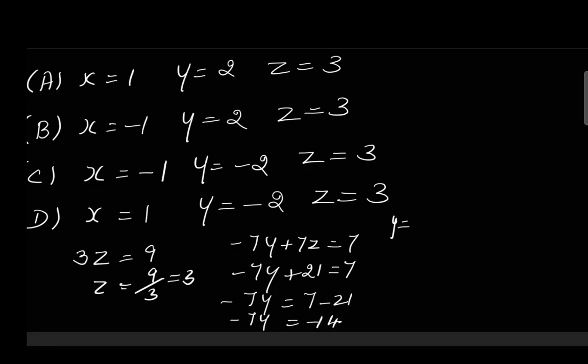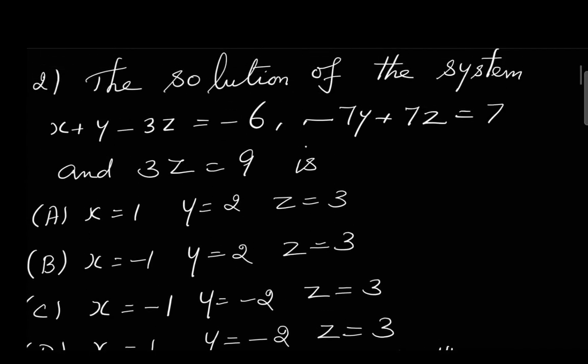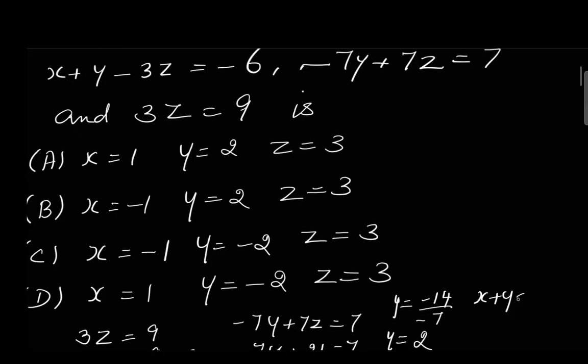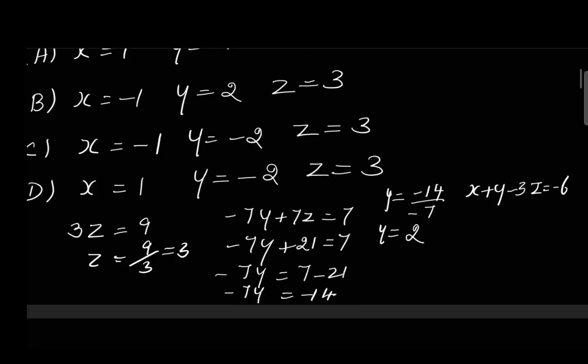So y is equal to minus 14 by minus 7, that is y equal to 2. So we got z as 3, y is 2. Substitute in the first equation, x plus y minus 3z is equal to minus 6.